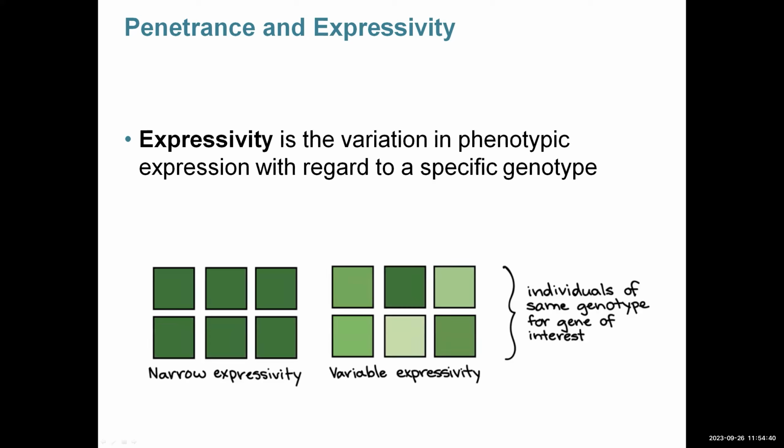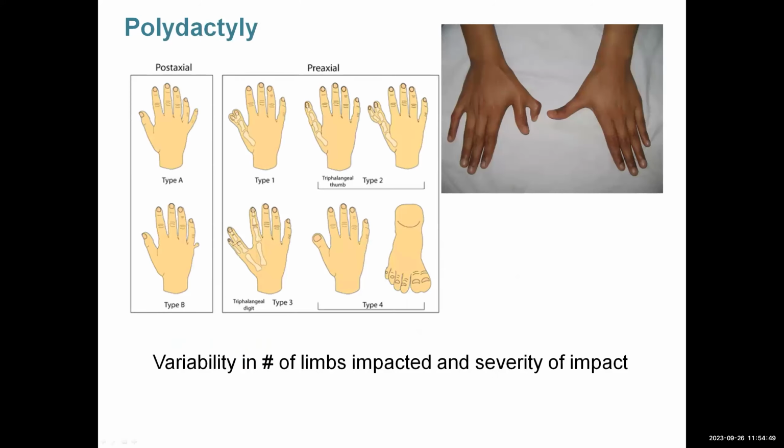An example of this that is both incompletely penetrant and has different expressivity is polydactyly. Polydactyly is a dominant trait. However, individuals that have polydactyly, at least genetically, may or may not have extra fingers or toes. There's variability in the number of limbs that are impacted and the severity of that impact.